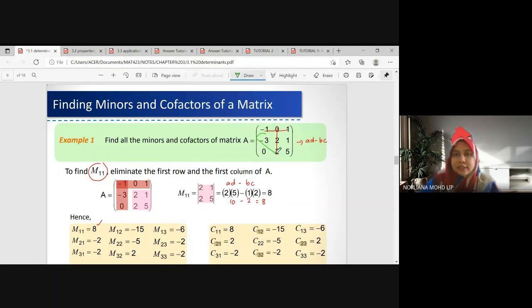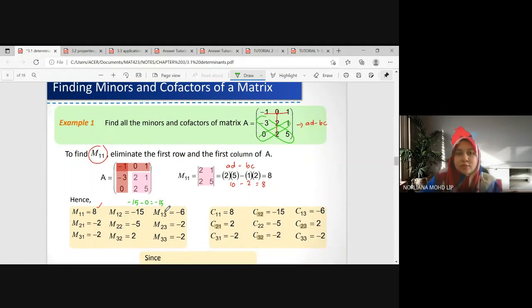AD, so it is negative 15, minus 0. So we get negative 15. Okay, M13, we eliminate the first row and third column. So it's equal to negative 6 minus 0. It's equal to negative 6.